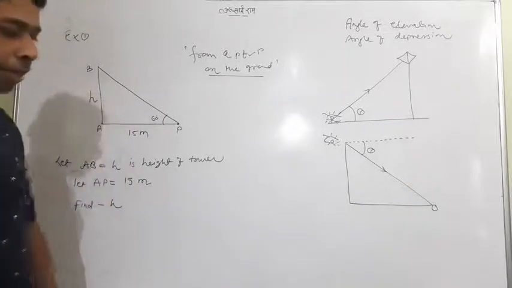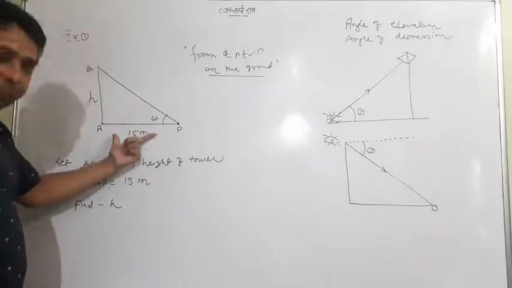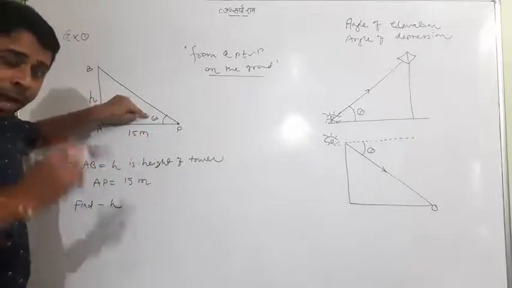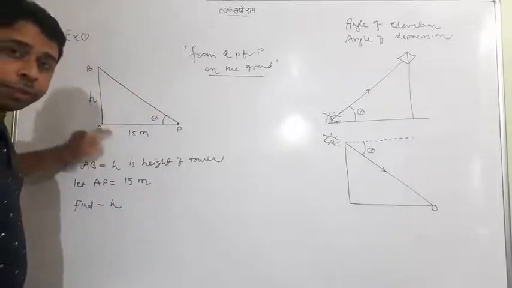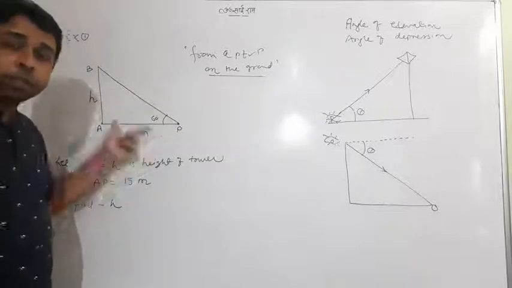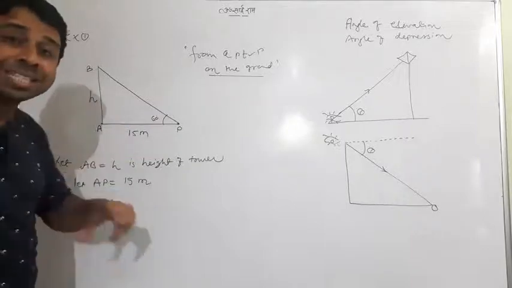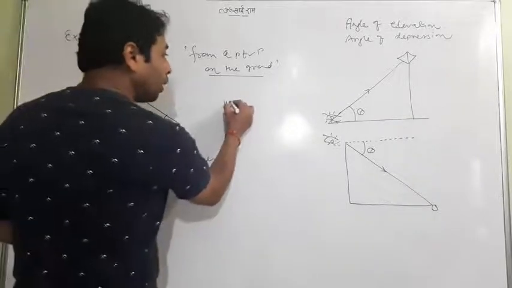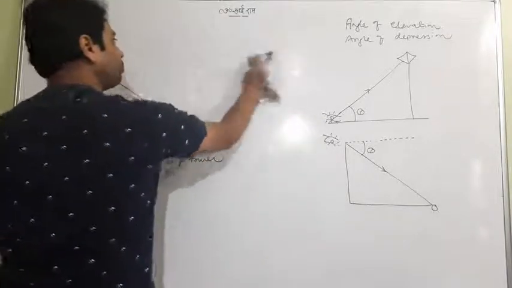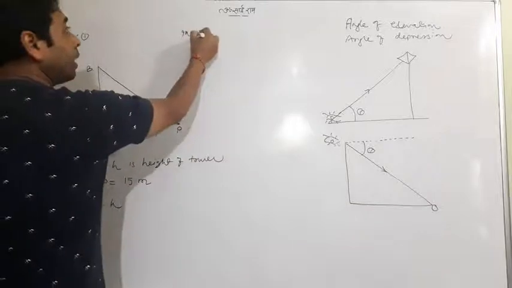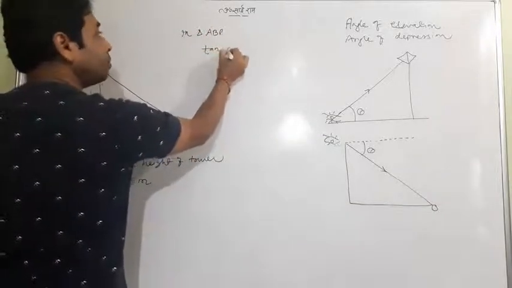In a very simple concept, this is the perpendicular, this is the base, and this is the angle. You have to concern yourself with which is given and which is to be found, and what the relation is between these two sides: perpendicular and base. So in triangle ABP, we write tan theta.